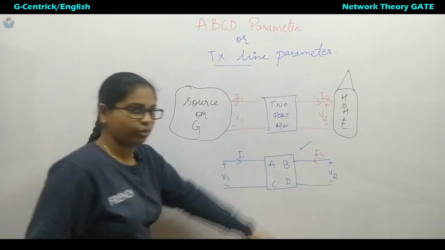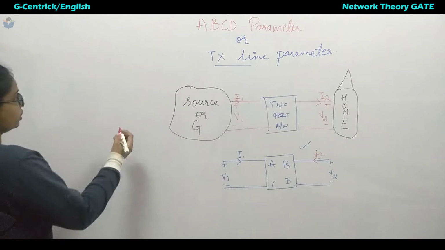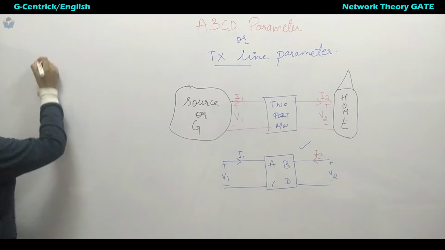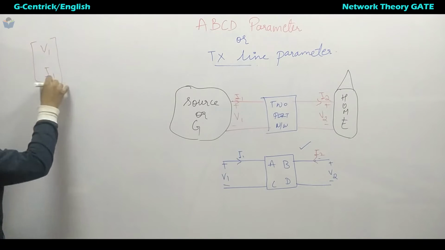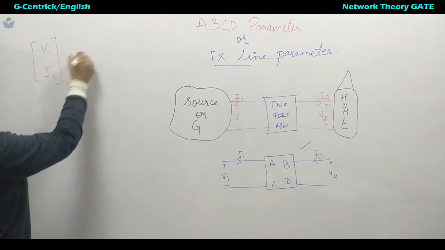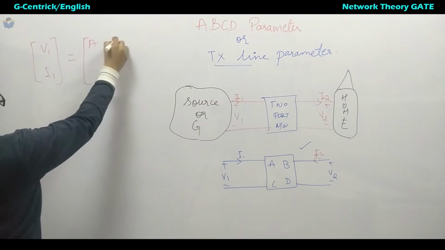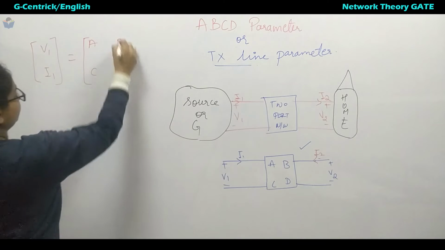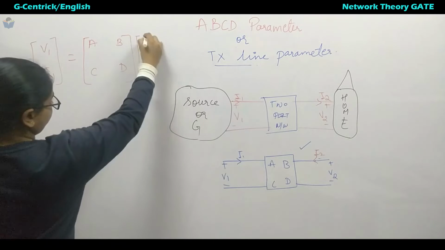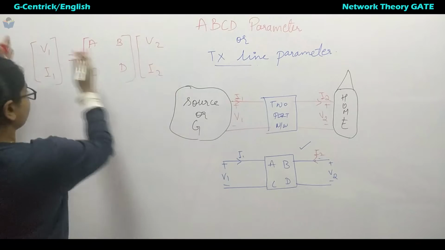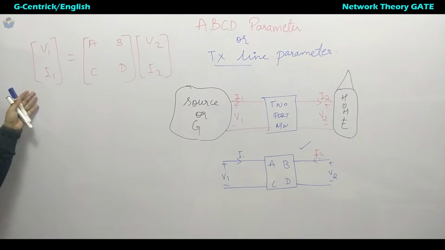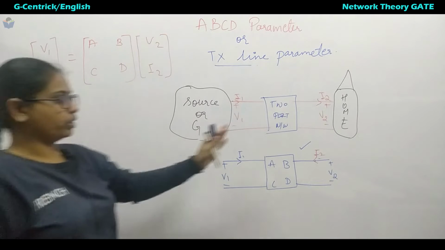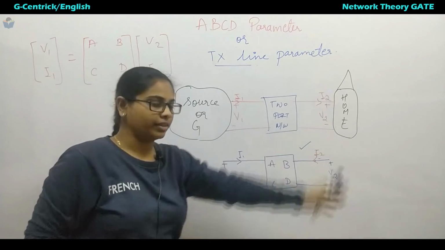So now how can you form the matrix out of this? Here we will take V1 and I1 parameters, and here we will write ABCD, and here it will be V2 and I2. This side, V1 and I1, will be of the source side, and V2 and I2 will be of the receiving end.